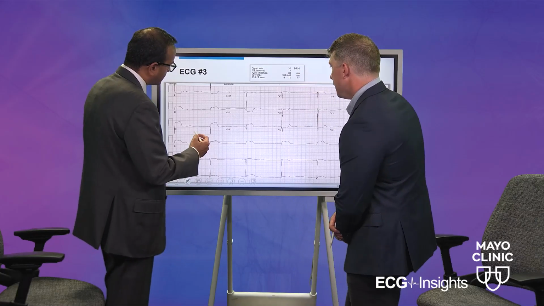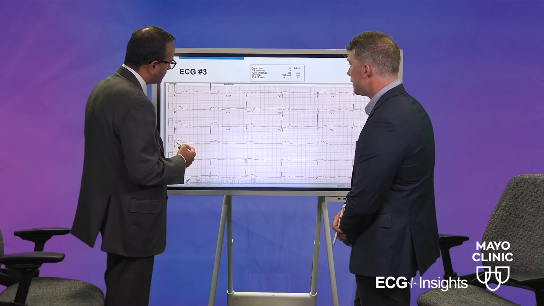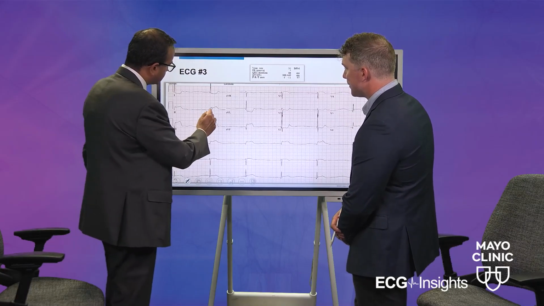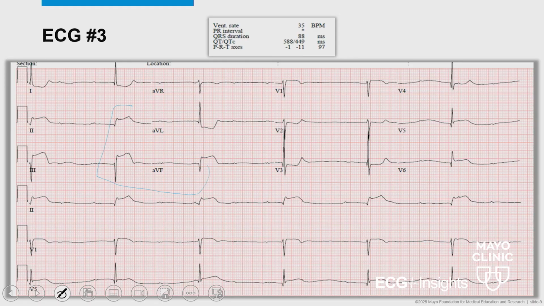Just looking at this ECG, you can also know what the reciprocal changes are. As you are seeing more ST elevation in the inferior leads, the reciprocal changes, opposite to the inferior leads, are going to be anterior. So these ST segments are down in the anterior leads because of the reciprocal changes. This is also an example to say that this right coronary artery is quite large or dominant, because although you have more proximal to mid RCA involvement, even your lateral leads have ST segment elevation.